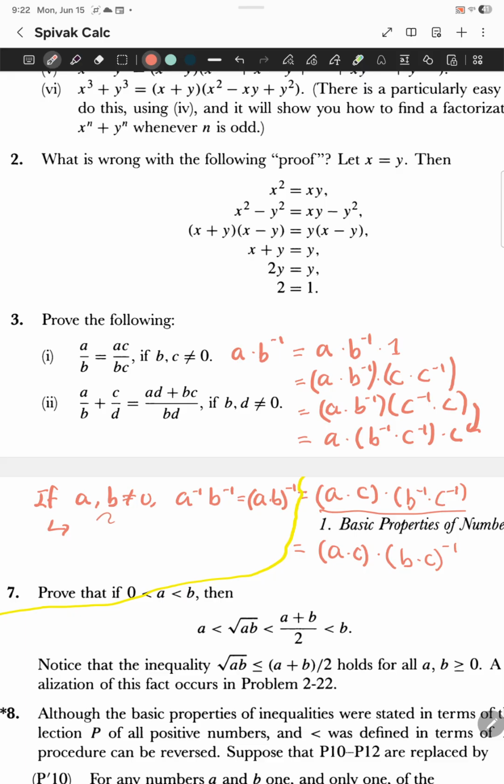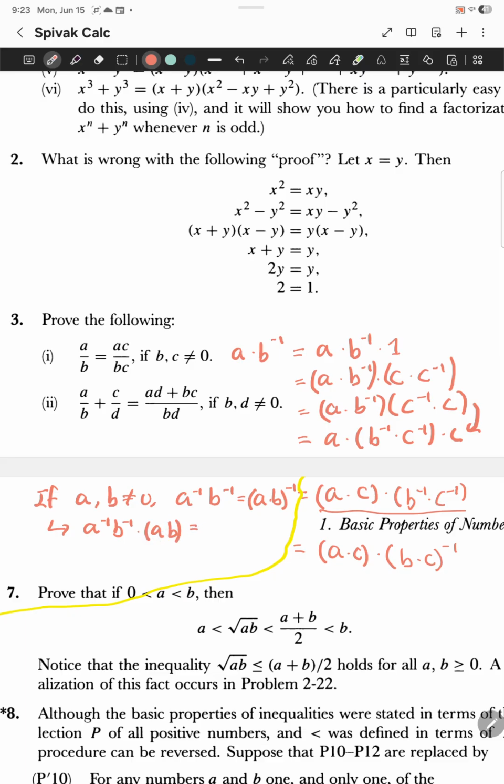So all we need to prove is that a to the power of -1 times b to the power of -1 is in fact equal to the multiplicative inverse of ab, right? So let's try this: a times b times (a inverse times b inverse).